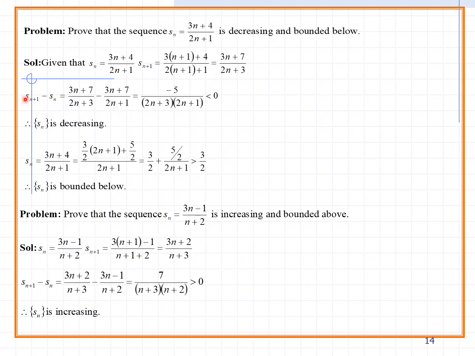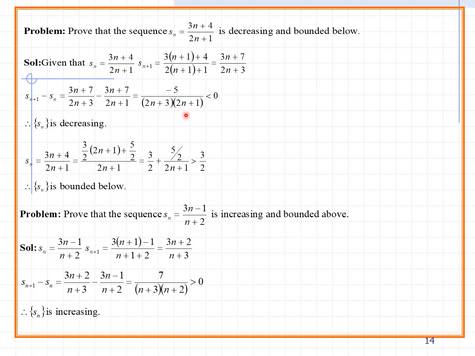The condition is Sn plus 1 minus Sn less than 0. Here n plus 1 is the bigger value and n is the smaller value. Normally the highest value minus the lowest value is positive, but here it is negative, so the sequence is called decreasing. Once you simplify this, using the LCM method, you get minus 5 by (2n plus 3) into (2n plus 1).